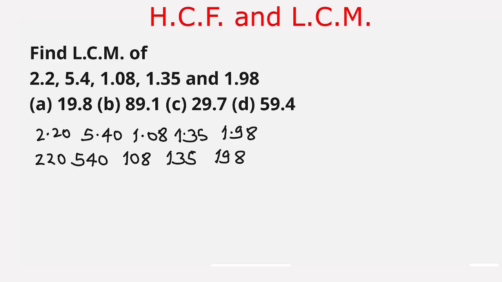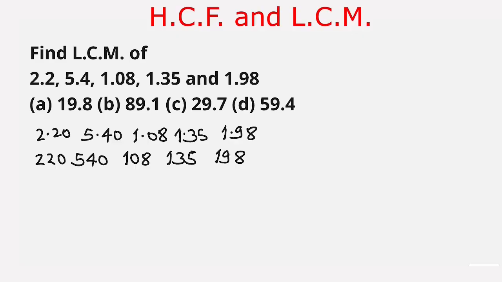Now we have to find the LCM of these numbers. On observing these numbers, we find that 108 is already included in 540 as 540 is 5 times 108. So we will eliminate this number and find the LCM of the remaining 4 numbers.